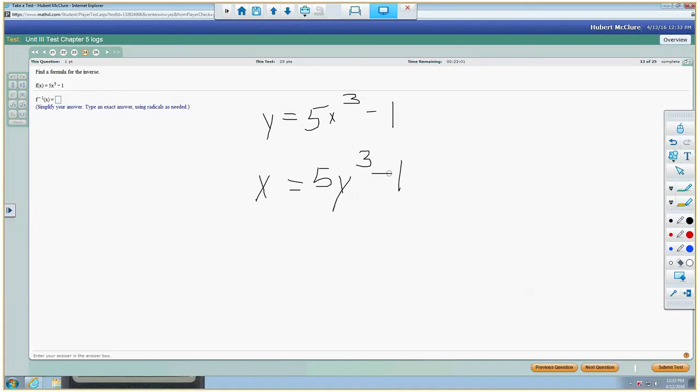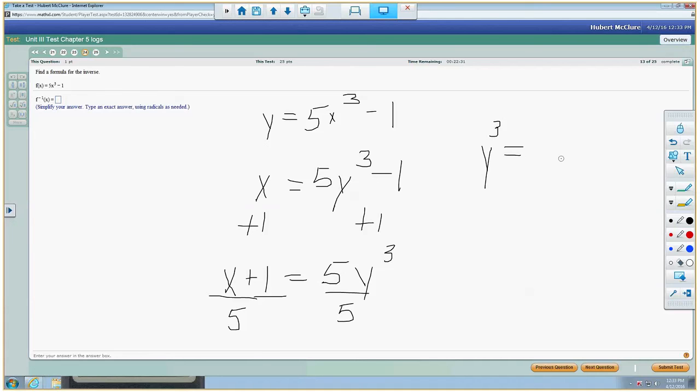So how you get rid of a negative 1? Add 1. So x plus 1 is equal to 5 times y to the third. How do you undo multiplying by 5? Divide by 5. So y to the third is equal to x plus 1 over 5. How do I undo raising to the third power?